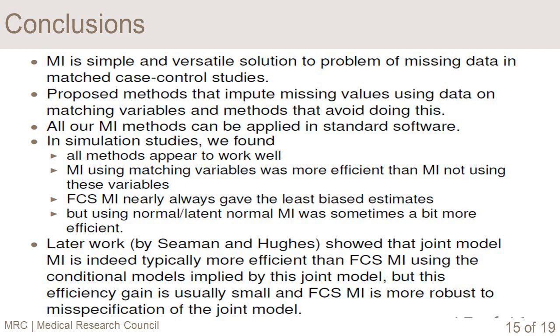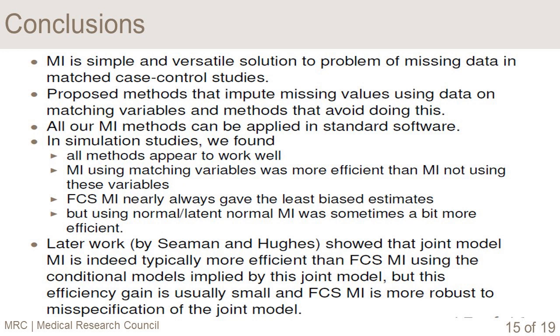All of the methods can be applied in standard software, and in the simulation studies we found that all of the methods appear to work well, and we think that you could use any of them. Not surprisingly, imputation using the matching variables was more efficient than not using those variables, because you're using more information. And FCS-MI nearly always gave the least biased estimate, less biased than the normal and the latent normal.